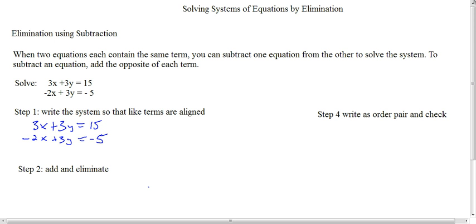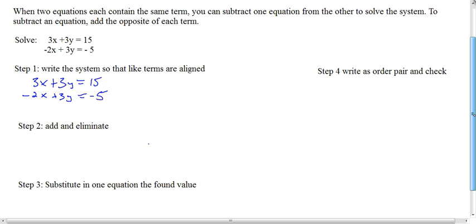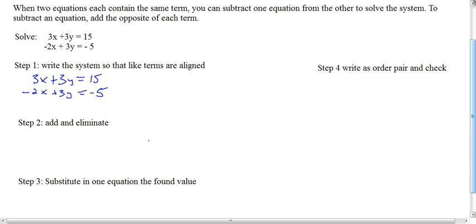Now all I'm asked to do is add and eliminate. I've got my terms lined up, and let's eliminate this second term. So I'm going to put it in parentheses and put a negative sign on the outside.